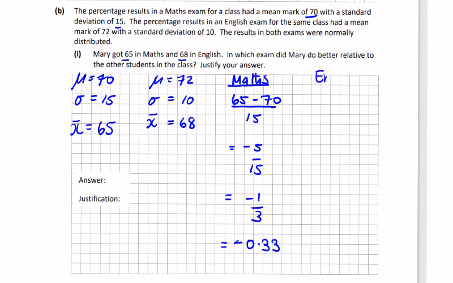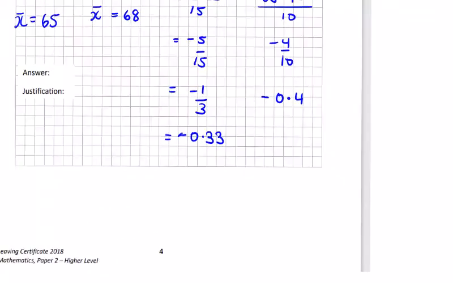And for English, we're testing 68 against 72 with a standard deviation of 10, which is minus 4 over 10, which is minus 0.4. Well, which is better?